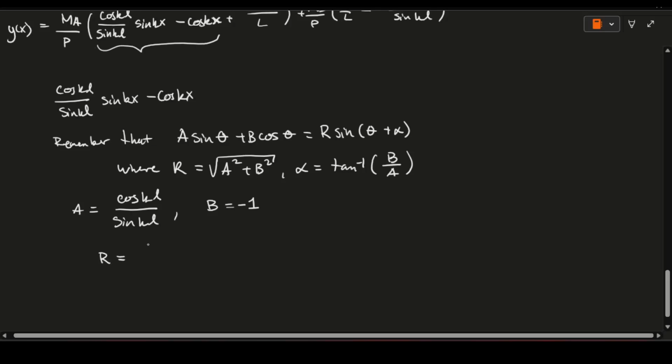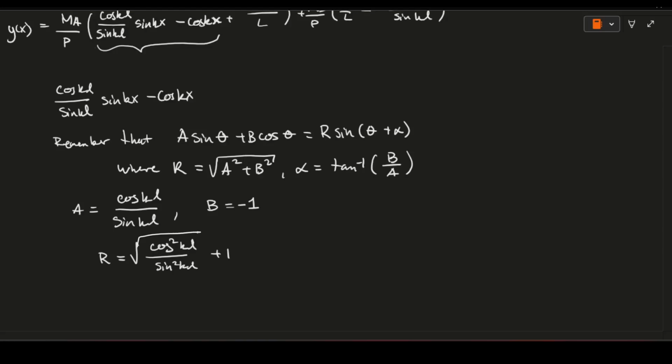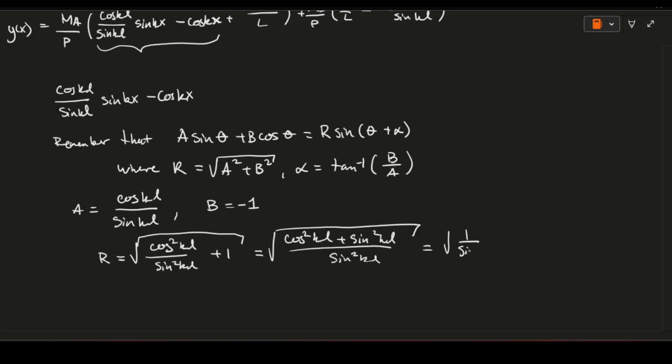So our r becomes the square root of cosine squared KL over sine squared KL plus 1. This is equal to cosine squared KL plus sine squared KL all over sine squared KL, which is of course equal to 1 over sine squared KL.